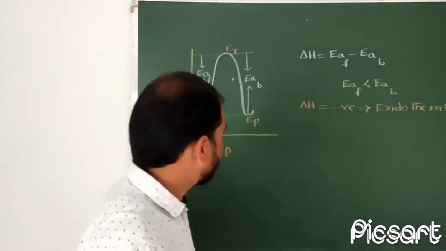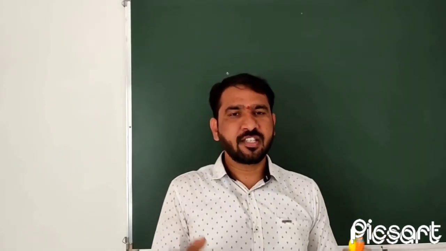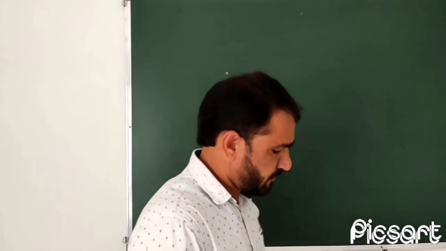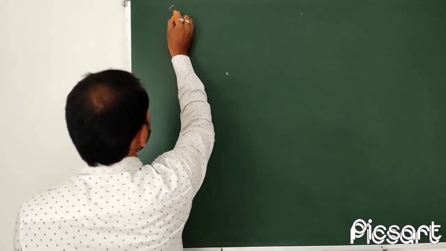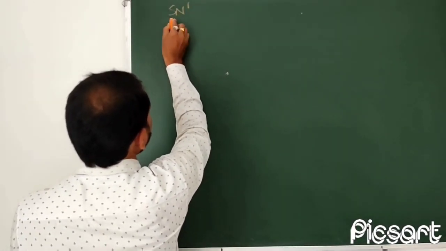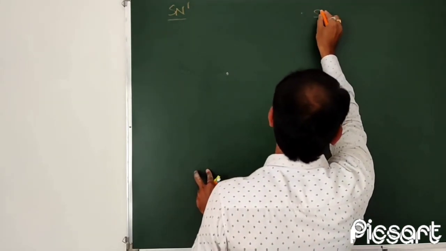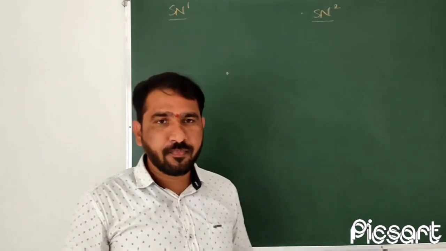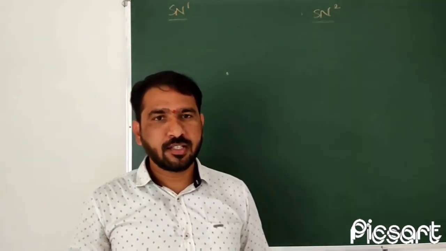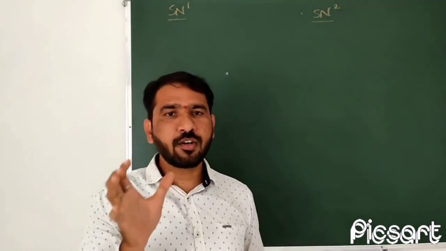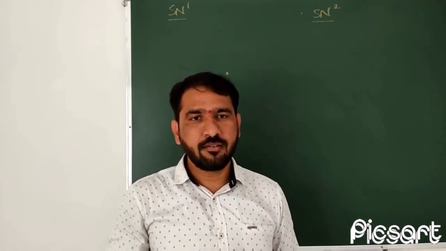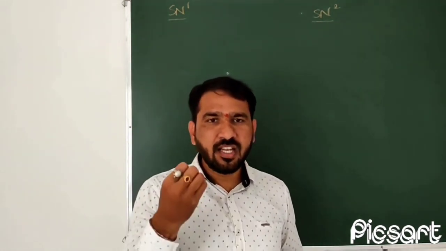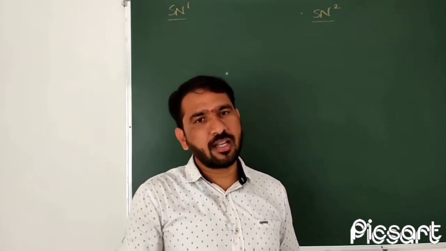Is it clear? Right? Then the differences between SN1 reaction and SN2 reaction. Here SN1 reaction, here SN2 reaction. Coming to alkyl halides, which favor SN1 and which favor SN2. We have 1 degree, 2 degree, 3 degree alkyl halides.